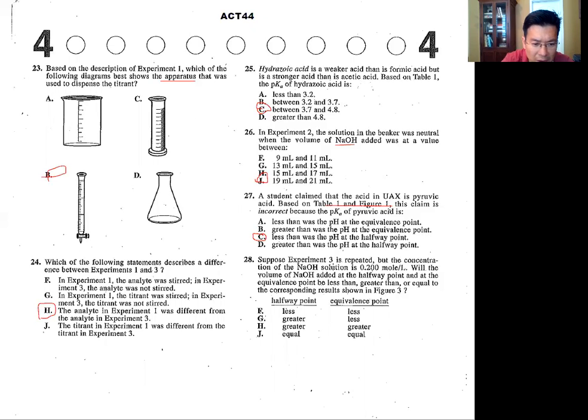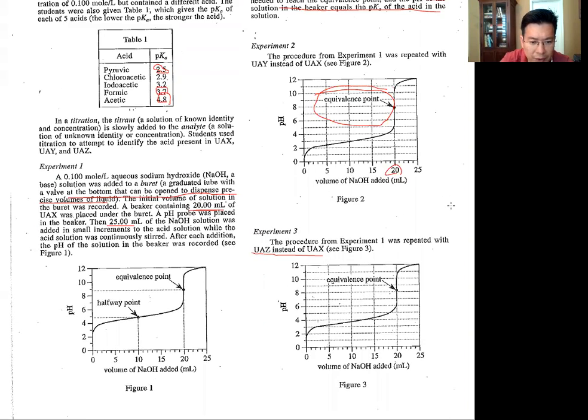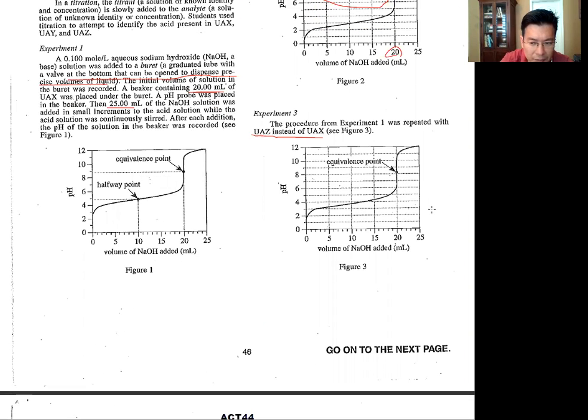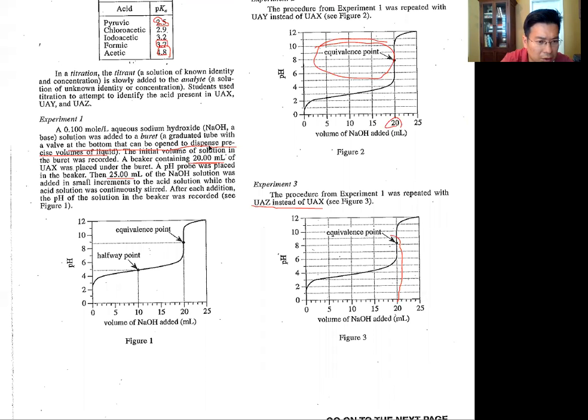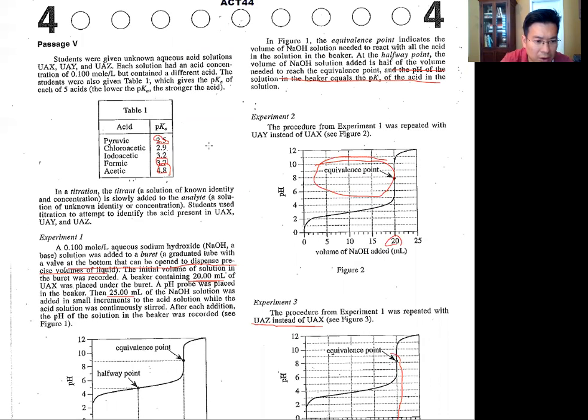Okay. And then 28, suppose experiment 3 is repeated. Concentration is at 2.0. Well, the volume is a half point. So figure 3, if you see, it says 0.2. 0.2 is 200 right here. No, hold on a second. Yeah, experiment 1 in the beginning says 0.1.